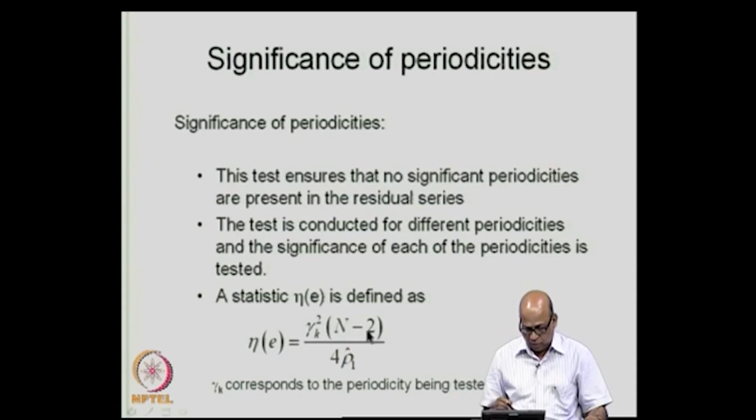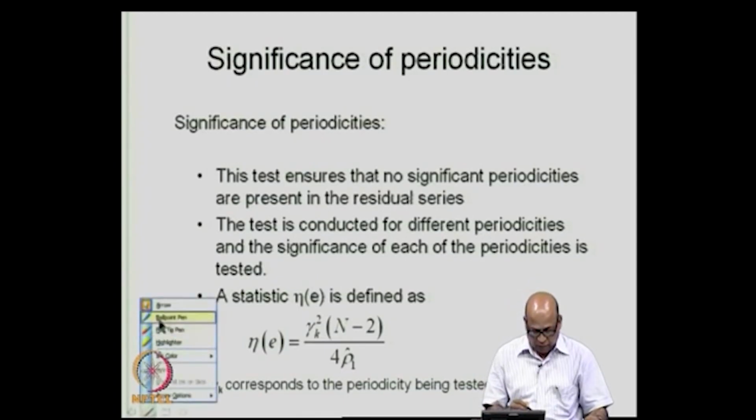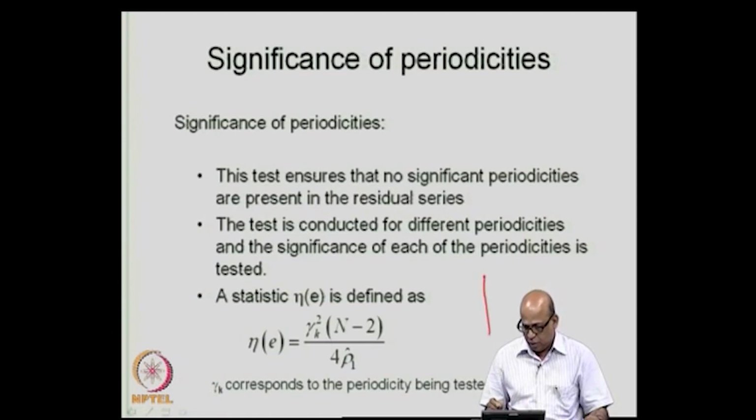square into n minus 2 by 4 rho 1 cap. Remember, we are doing the test for periodicities here. We pick one periodicity at a time, so the test is conducted for different periodicities. Let us say that the error series that you get has some periodicities present.